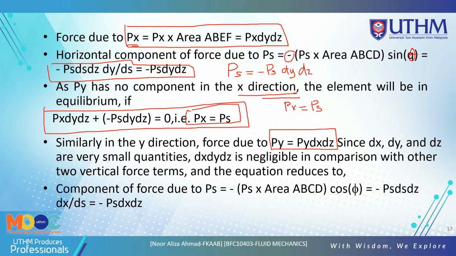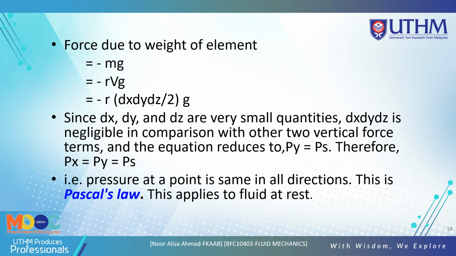Dx is based on the cos here. Cos theta here gives dx divided by ds, so you get dx ds. So we get negative Ps dx dz. So we get the Px Py. We can equate them.